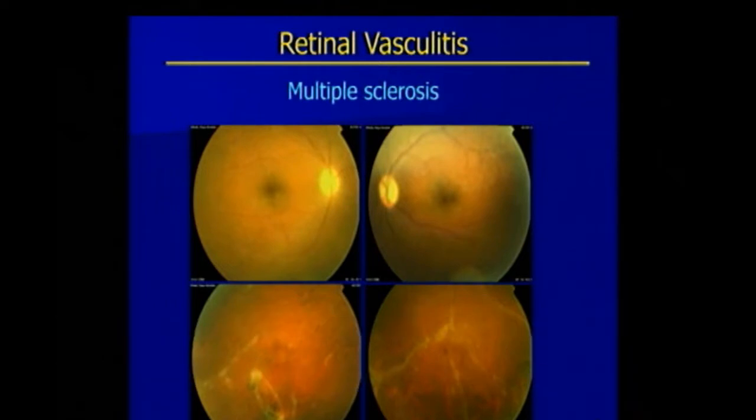This is for us an absolute indication to order MRI for the brain, and we wrote this in our paper, because when we analyzed the data, we looked at all our patients with uveitis for whom we ordered MRI, what our criteria were to do MRI, and in how many of these the MRI showed positive findings for multiple sclerosis.